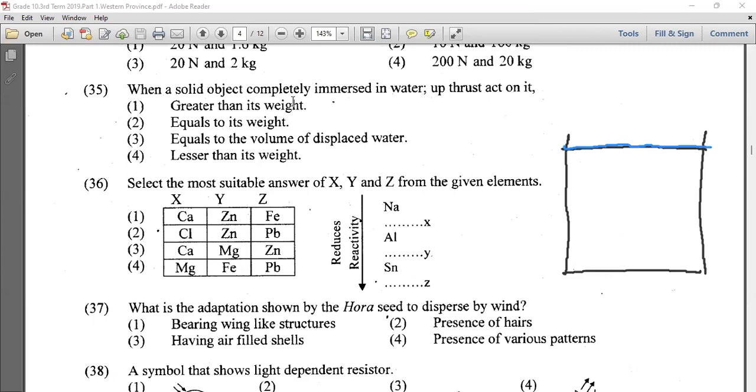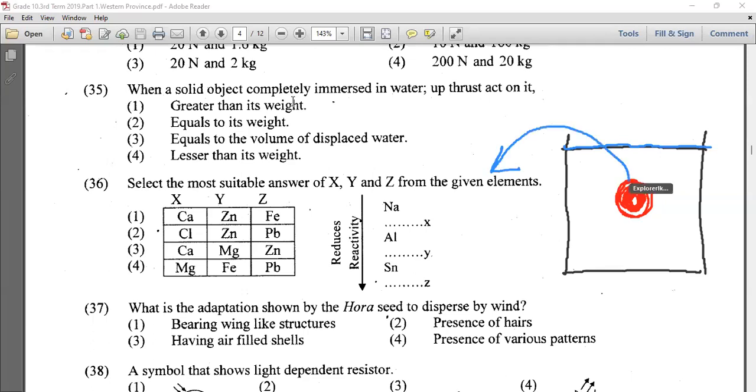I immerse it completely. The volume of water which is equal to the volume of this object will be spilled from this container. The volume of water equal to the volume of the ball will be spilled from this container.